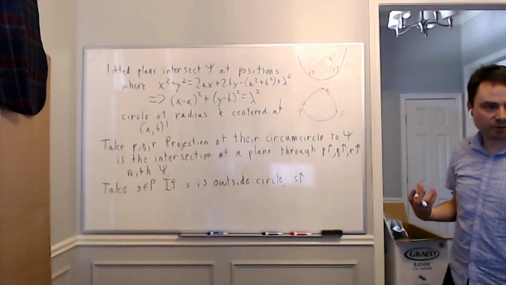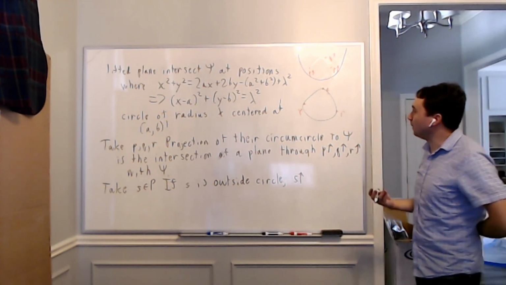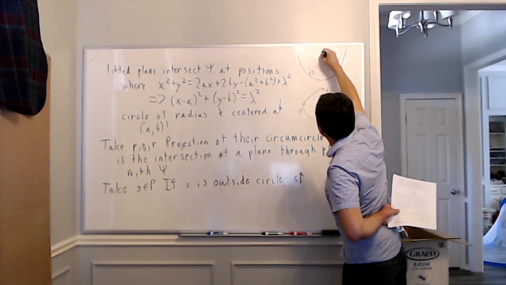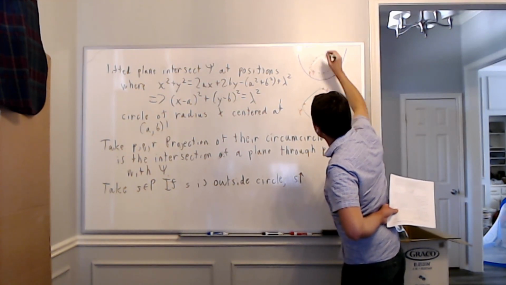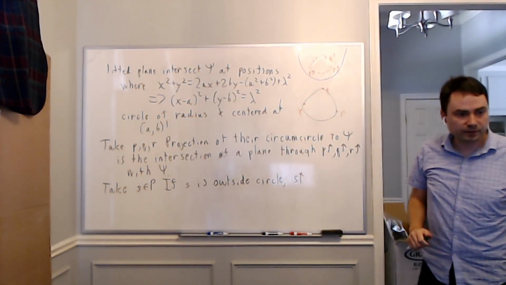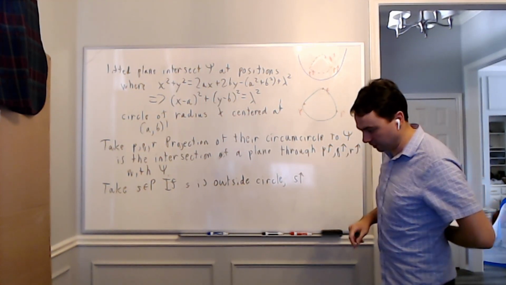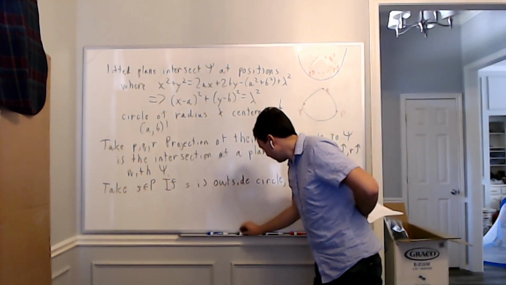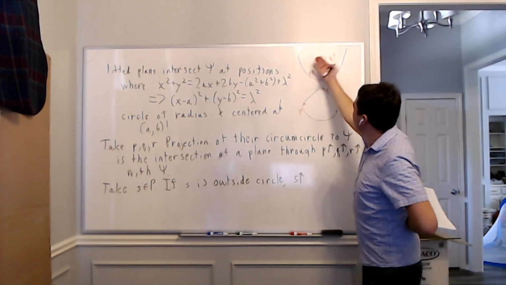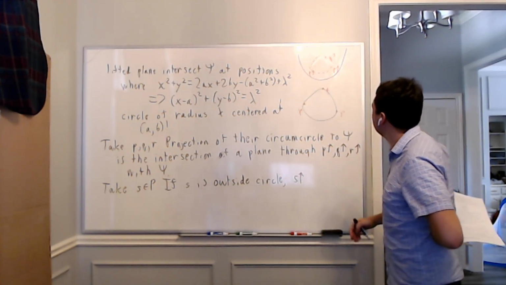There's a plane passing through P up, Q up, and R up, and the intersection of that plane with the paraboloid itself forms a circle on the paraboloid. And there's a plane going through this intersection.